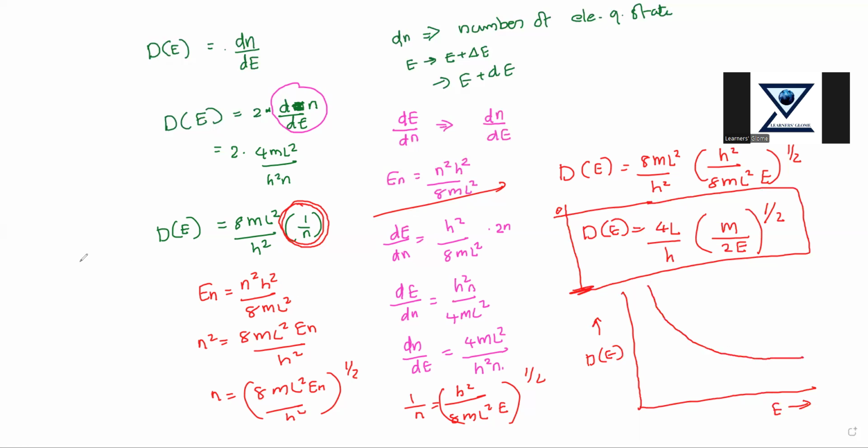At a particular level, the maximum filled level is there, and that is called the Fermi level. We can write it as EF. Below this EF, the electrons are completely filled. So this is the Fermi level up to this point. At absolute zero, no electron is filled above this value EF.